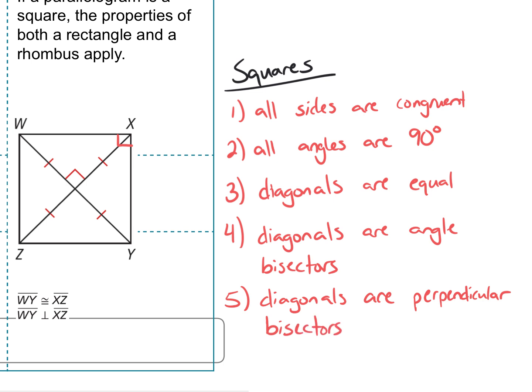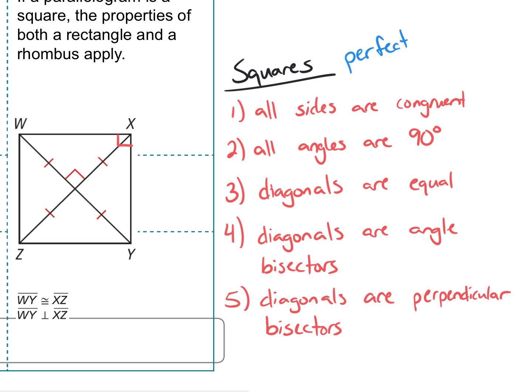Are there a lot more properties of squares? What do you notice about the properties of squares compared to rhombuses and rectangles? It's a lot of congruent. It's a lot of equal. Yeah. What I'm going to get used to calling squares with you guys is I want you to refer to them as your perfect shape, because there's a lot of things that are equal.